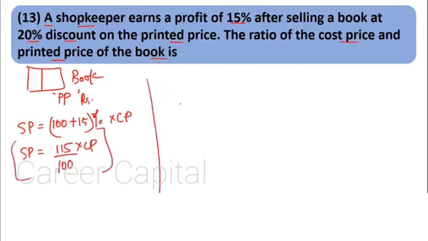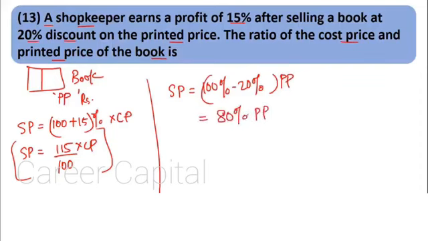Now what have they given? They have also given that the shopkeeper sells the book by giving a 20% discount on the printed price. So the selling price is also given by the 20% discount. How much would be the selling price? It would be simply 100% minus the 20% discount on the printed price. That would be 80% of the printed price, right?